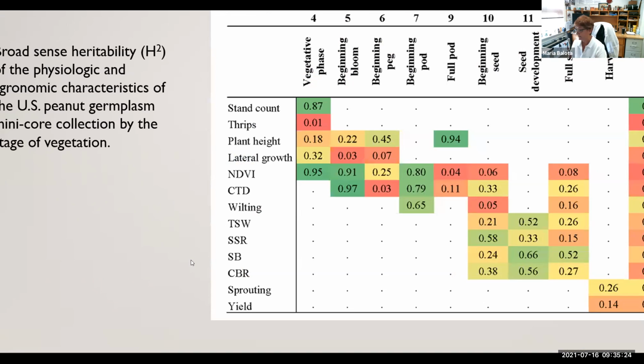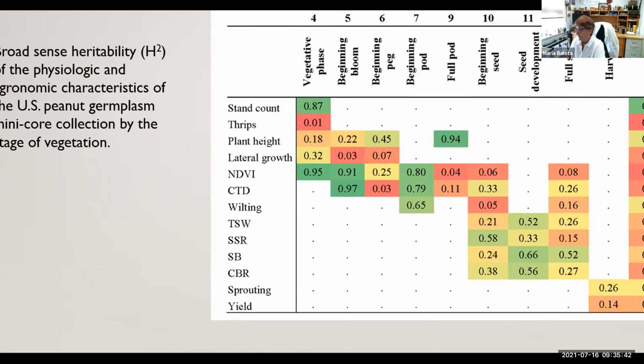In terms of heritability, this is for the agronomic physiological traits. I'm not surprised that yield has low heritability on average. So I presented those by stage of vegetation.